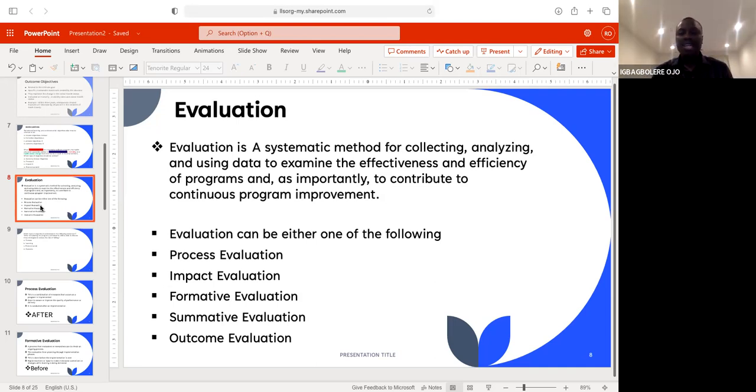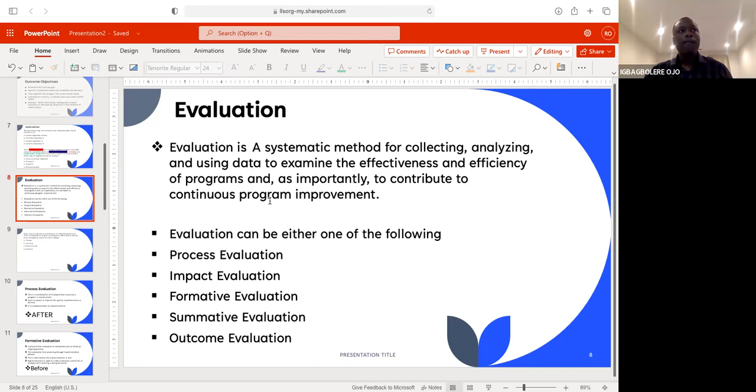Evaluation is a systematic method for collecting, analyzing, and using data to examine the effectiveness and efficiency of programs. And as importantly, why do we do it? It is to contribute to continuous program improvement.